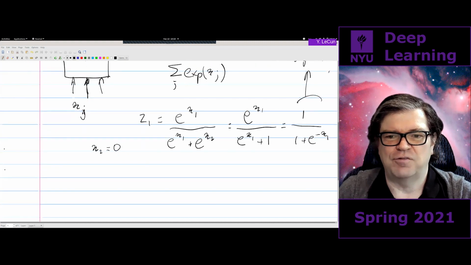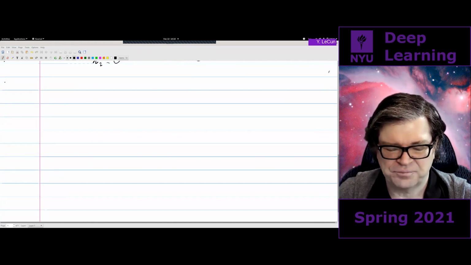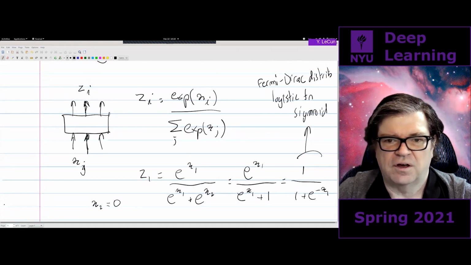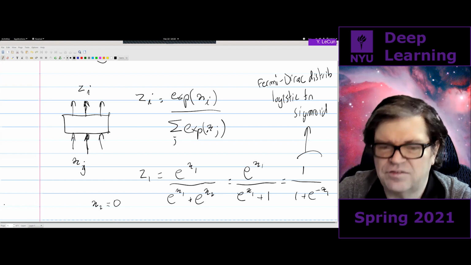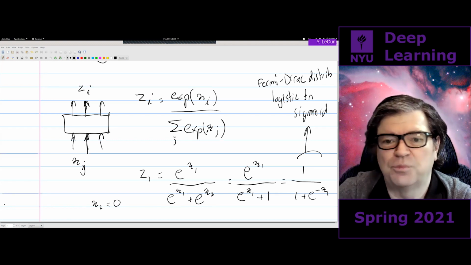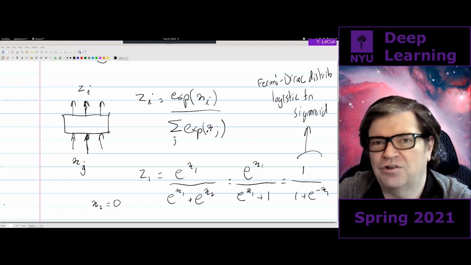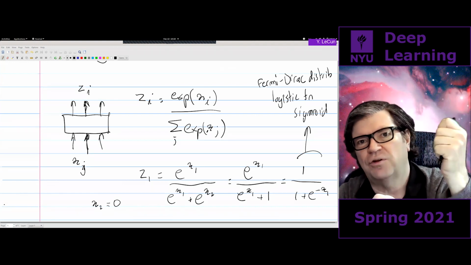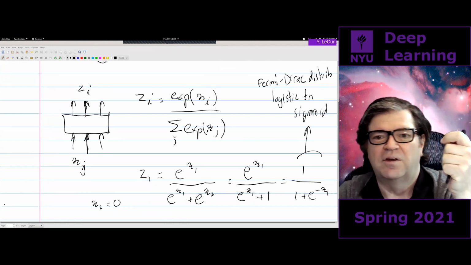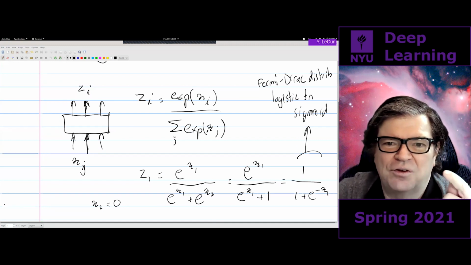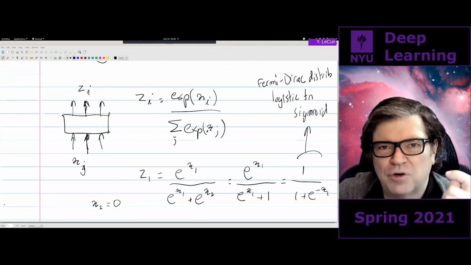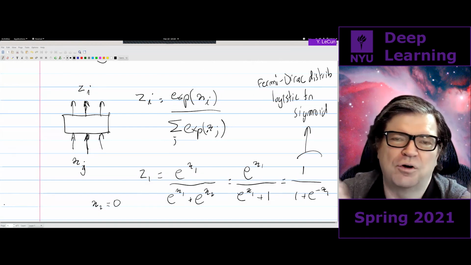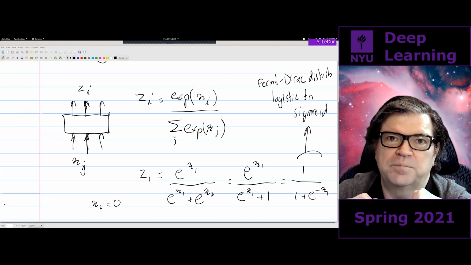Okay, why is it called softmax, and why should it be called soft argmax? The reason is that if all the x's have the same value, and one of them is significantly larger than all the others, then the output is going to be very close to 1 for that input that is much larger than the others, and close to 0 for all the other ones.